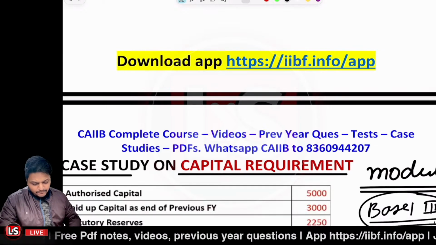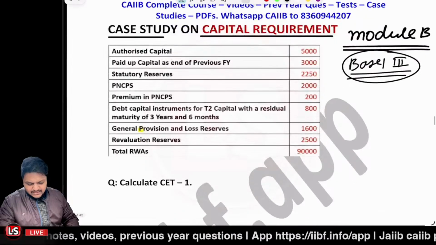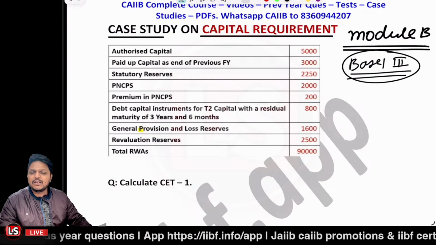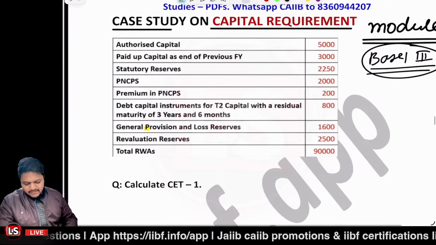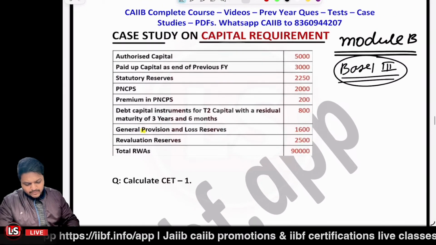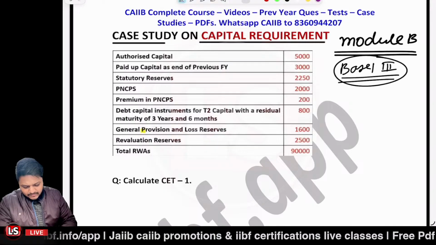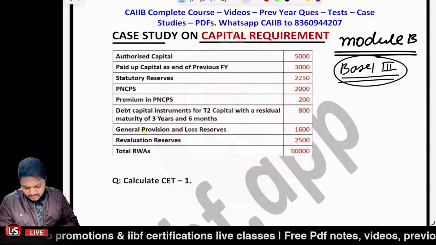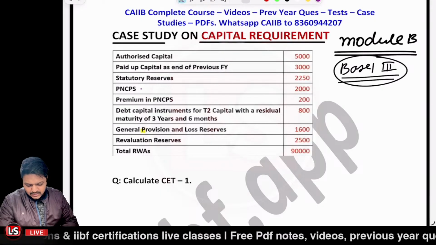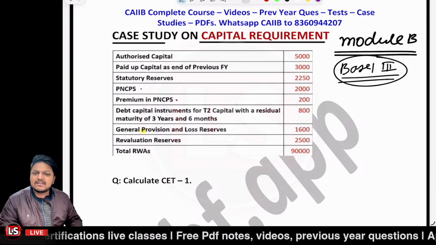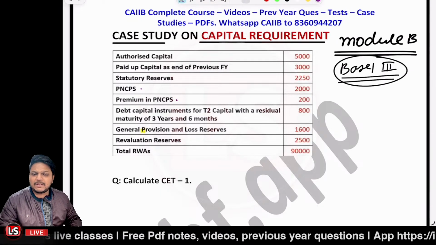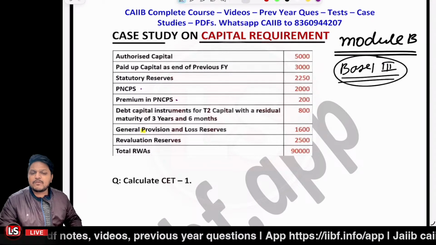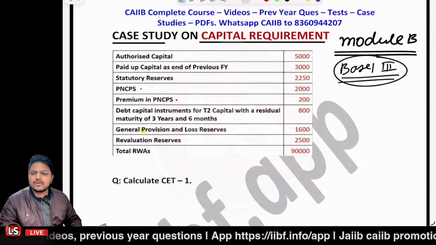Now let's focus on today's session. It's a case study on the capital requirement. We are provided with different data: the authorized capital, paid up capital, statutory reserves, PNCPS, perpetual non-cumulative preference shares, premium in PNCPS, debt capital instruments for tier 2 capital with a residual maturity of 3 years and 6 months, general provisions and loss reserves, and the revaluation reserves.